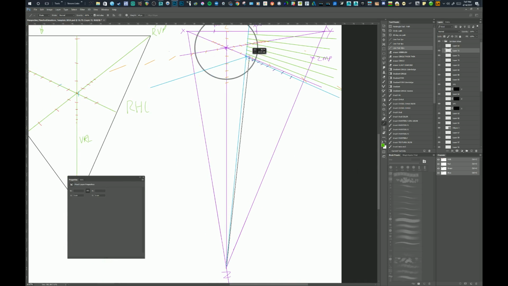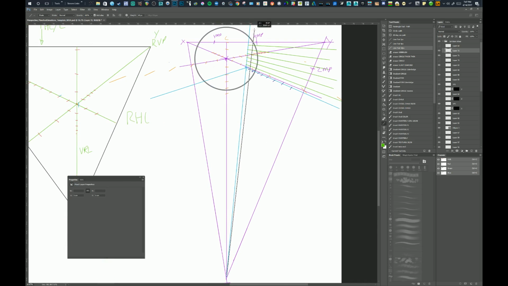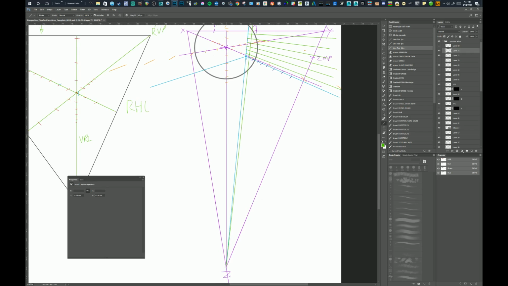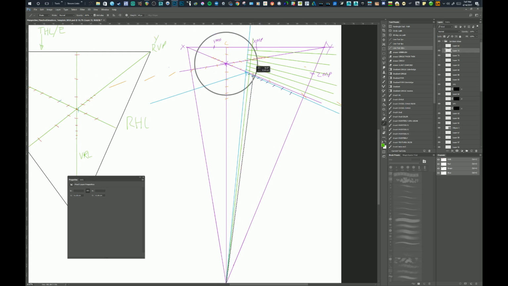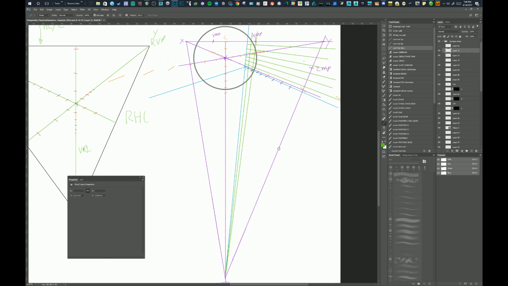So we're going to go from Z up through each of these units up to the horizon line. Z through that next unit where it meets that line down there. Z up through there.